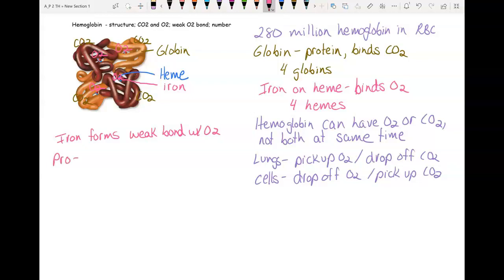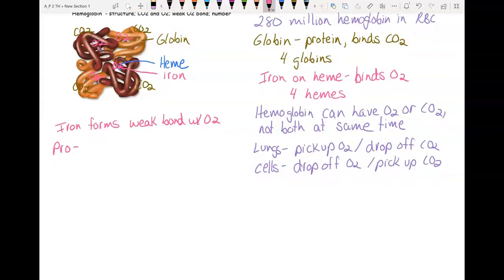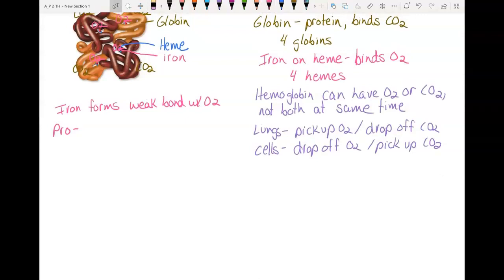The pro of this is that it easily gives up the oxygen to the cells. Remember, the whole point is you want to give oxygen to the cells. If it were a strong bond, it would hold on to the oxygen and not give it to the cells. So the good thing about that bond being weak is that it will give the oxygen to the cells.